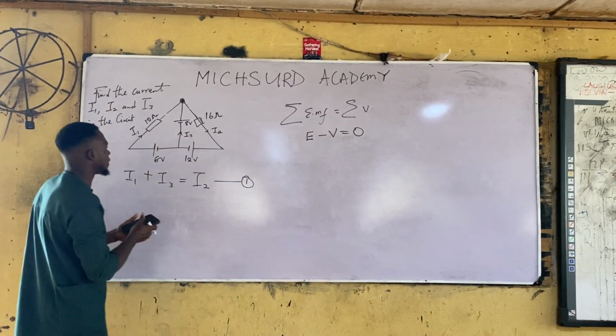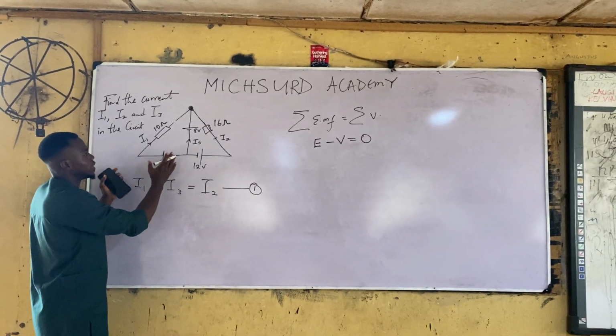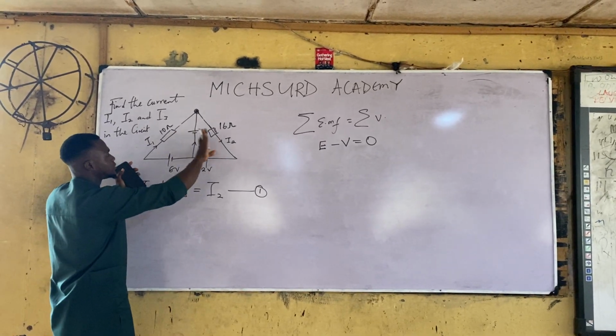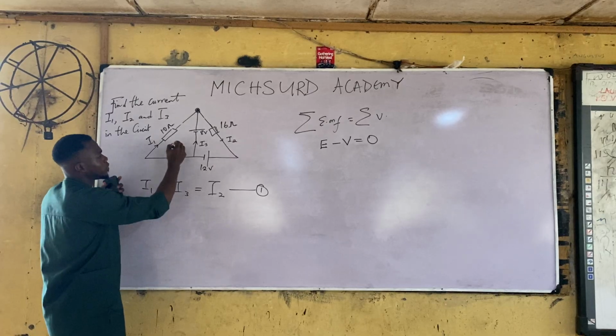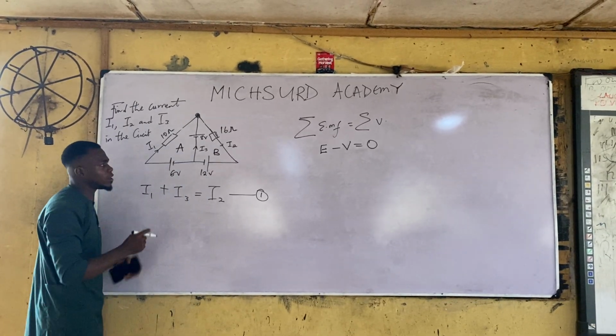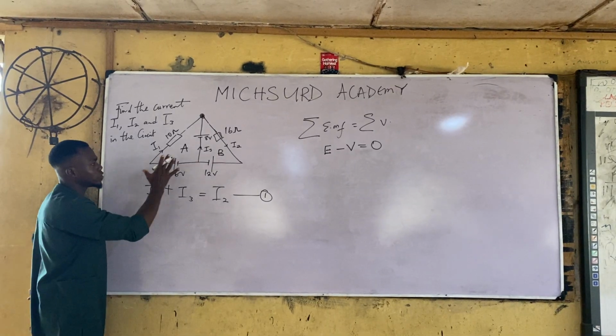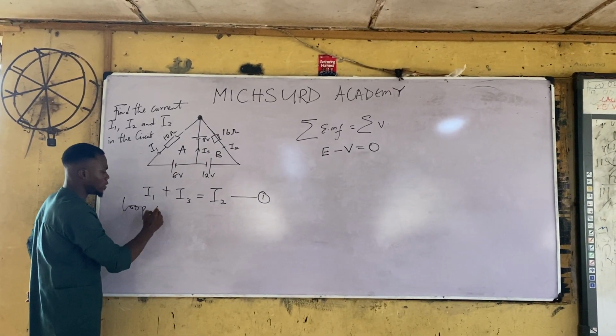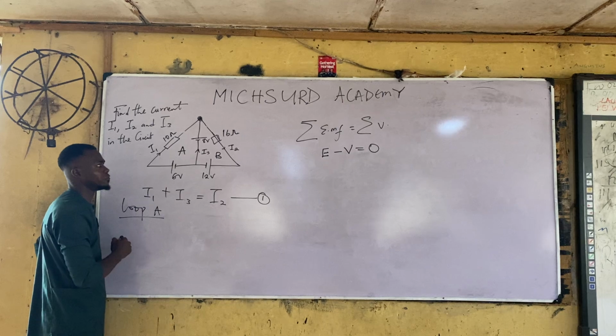Now, let us look at the circuit. We have two loops here. This is the first loop, and this is the second loop. So I will call this loop A, and I will call this loop B. Now, let us analyze loop A only and see what it has for us.